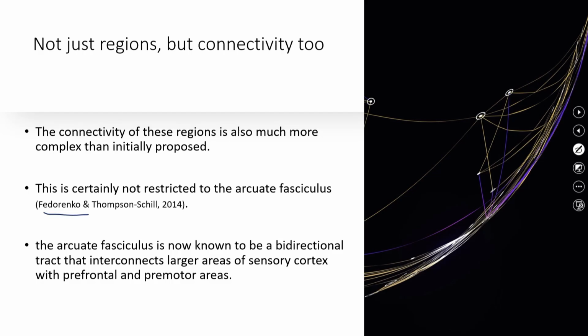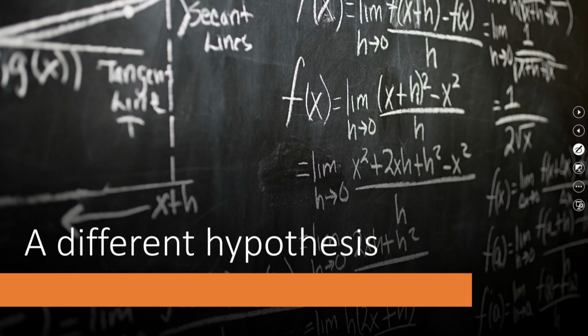They have found minute differences even within the classical areas and the classical understanding of the networks. The arcuate fasciculus is now known to be a bidirectional tract that interconnects larger areas of the sensory cortex with prefrontal and premotor areas. So, we now have a lot more knowledge about the finer aspects of each of these brain areas.